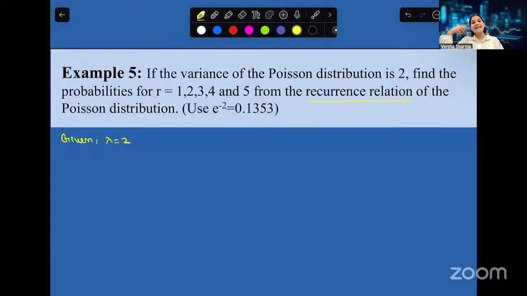For us to apply the recurrence relation, we first have to find the initial probability P of 0 on our own. And then we can apply recurrence to calculate P of 1, P of 2, P of 3, and so on. First we'll use this formula to calculate P of 0.